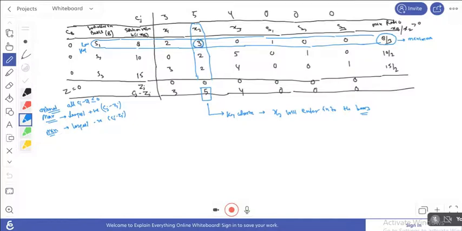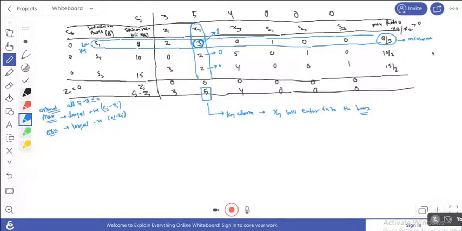By row operations, you make this key element 1, and by subtracting from the other rows, the other entries become 0. This corresponds to the minimum ratio, and that variable leaves the basis.